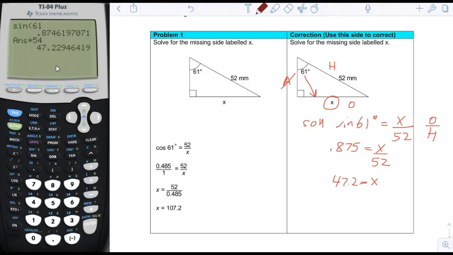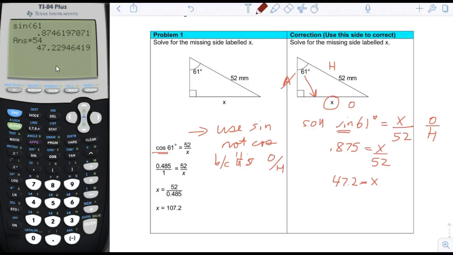Okay, so let's compare that with what Nicole did. We have sine, she has cosine, so she had a problem there. She should use sine, not cosine, because it's opposite over hypotenuse, right? And then there's another problem.